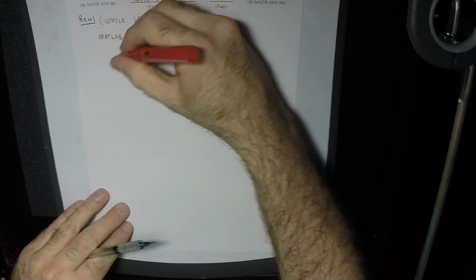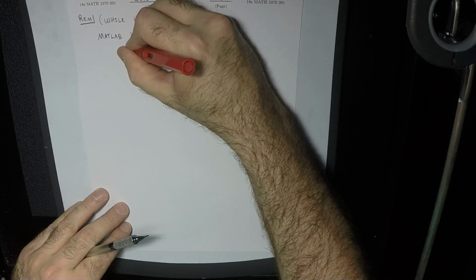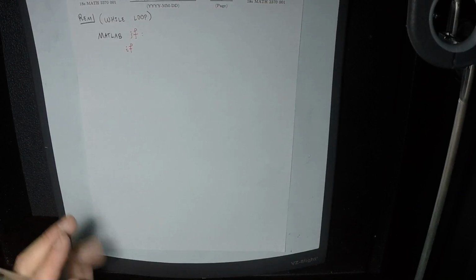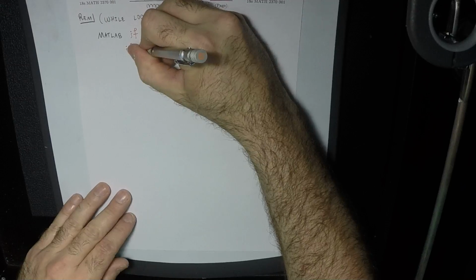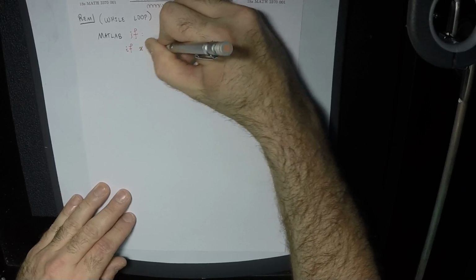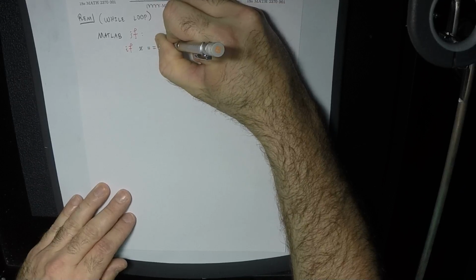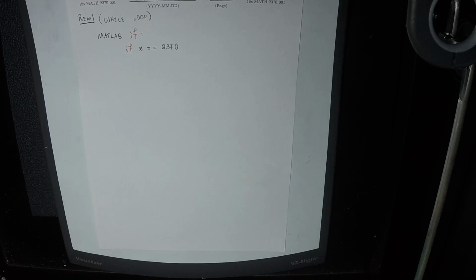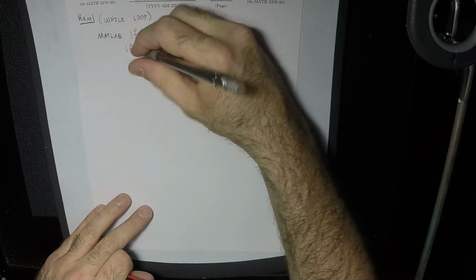You could write if x equivalent 2370. If that evaluates to true, then this block in here will execute.